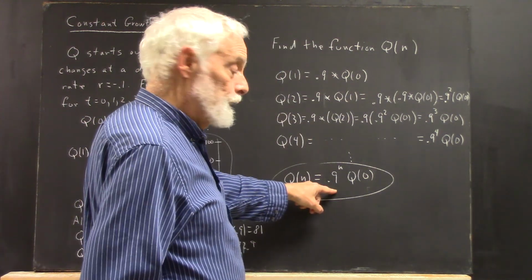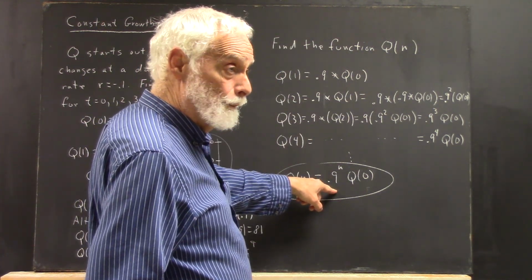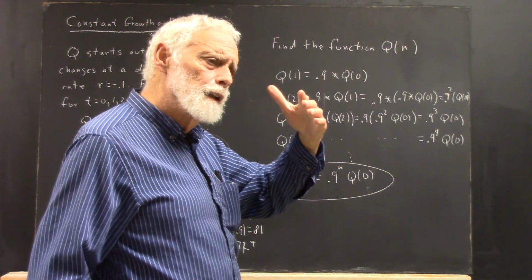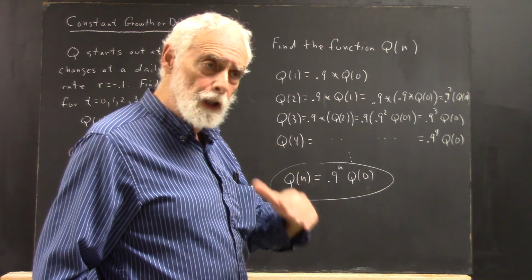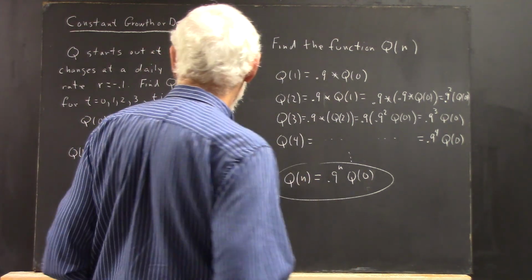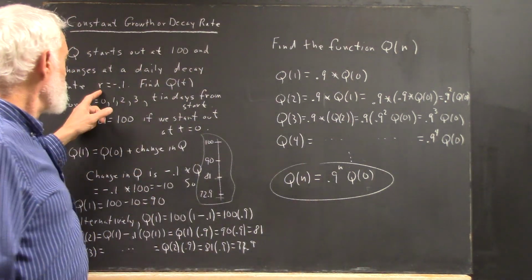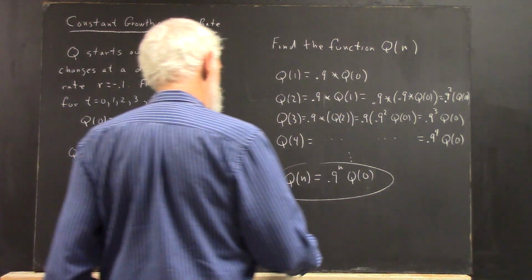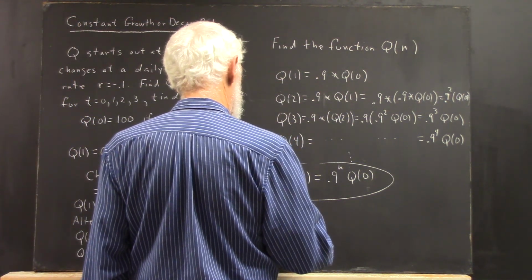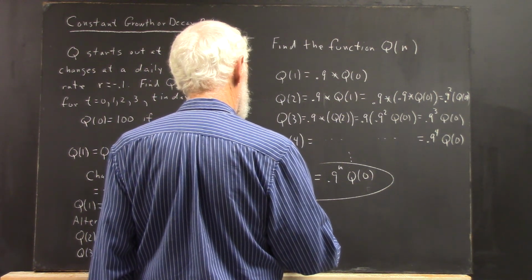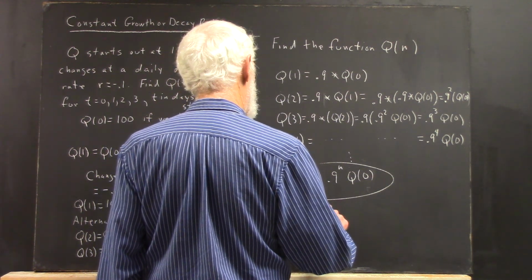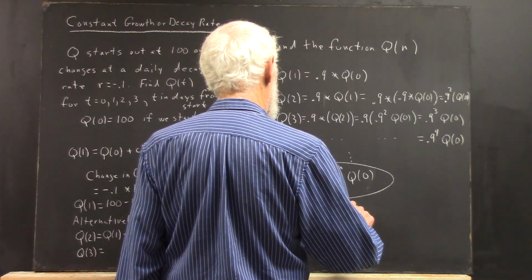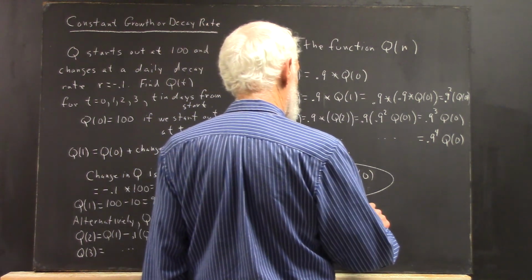This model doesn't give it to us, but we can conjecture if this is a continuous rate of change, and if the one-day rate is negative 0.1, then when I said rate of change, what I mean is the continuous growth rate.